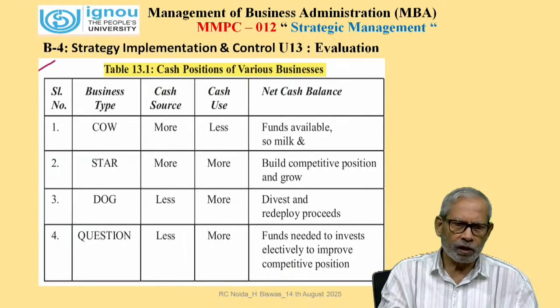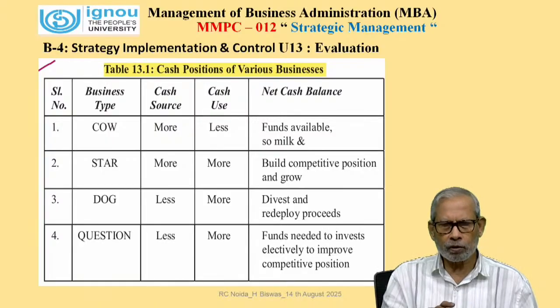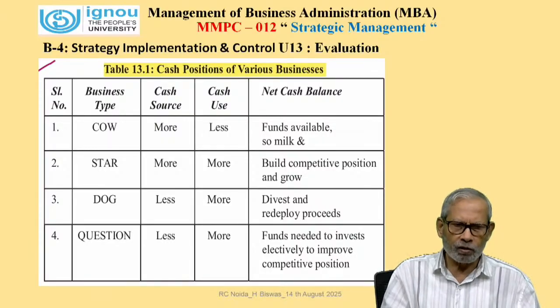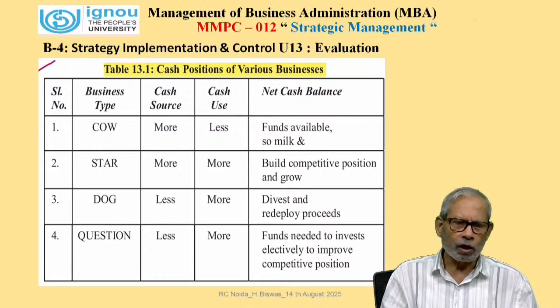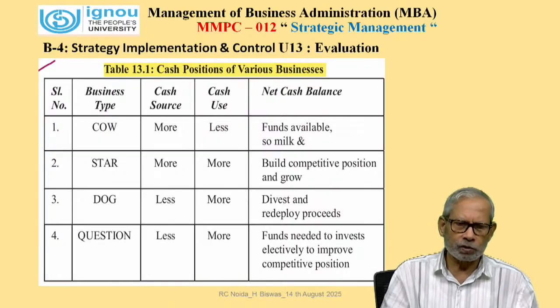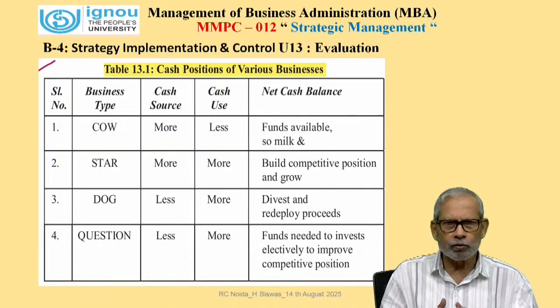So, for companies, various business activities are given. Here some of the business types, the cow, star, dog, and question types are given. Cow means basically where the cash sources are more and cash use is less, the net cash balance, the funds available, just for milk.